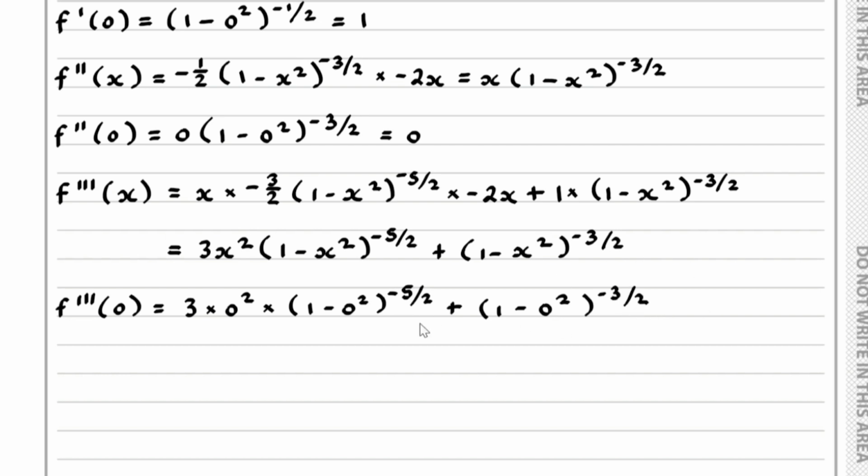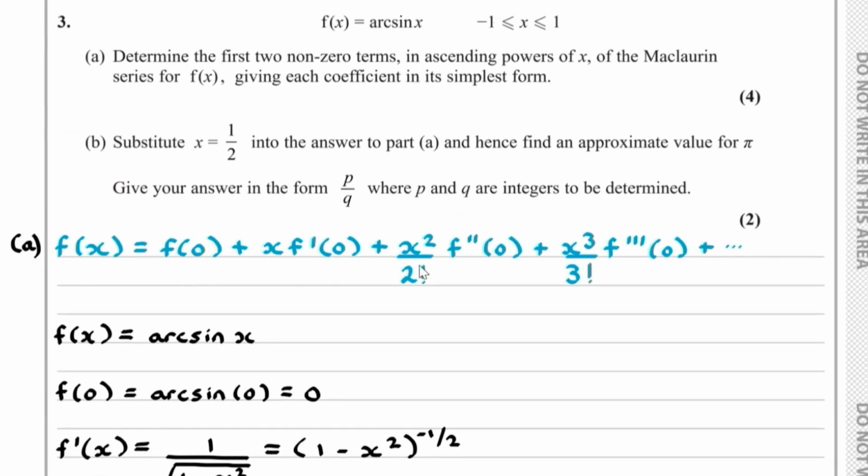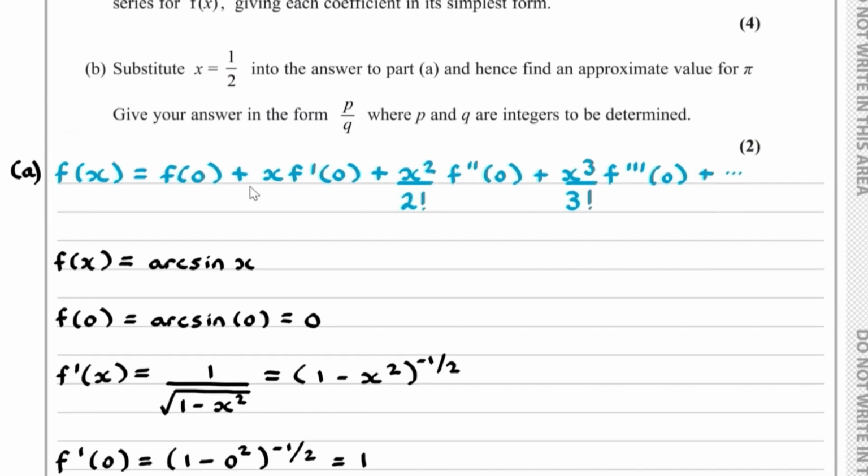It turns out here we get 0 plus 1, which is 1. And so if we substitute back into this formula, you will find f of 0 is 0, f double dash of 0 is 0, so we have x lots of f dash of 0 plus x cubed over 3 factorial multiplied by f triple dash of 0.